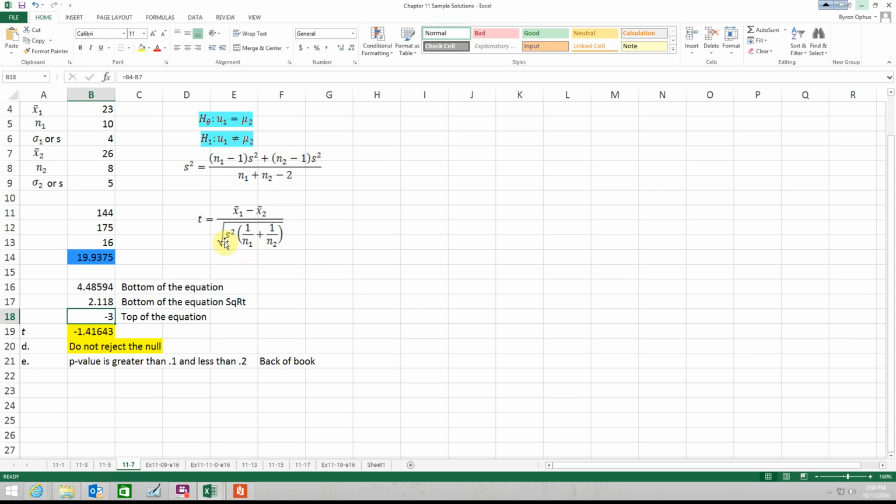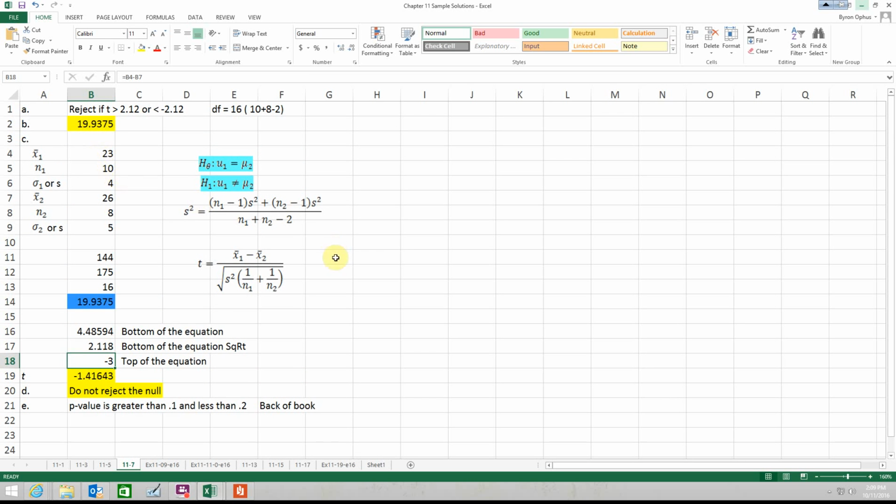But then I've got to do my pooled variance, which I know, okay, times 1 divided by my sample size plus 1 divided by my second sample size, right? So my bottom of the equation, and I've done that a little bit longer, I'd maybe break it up a little bit.